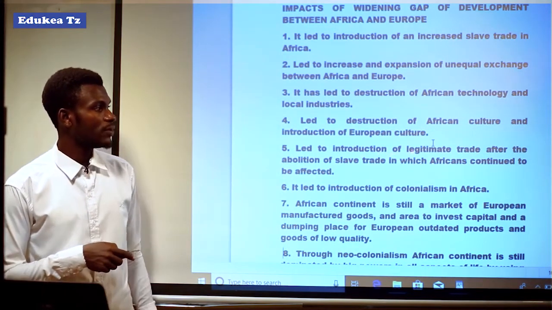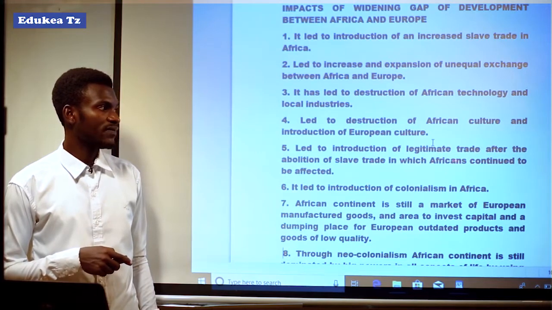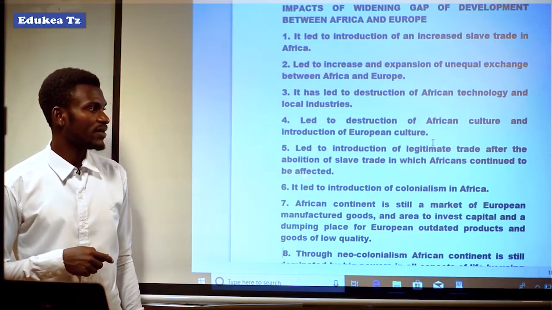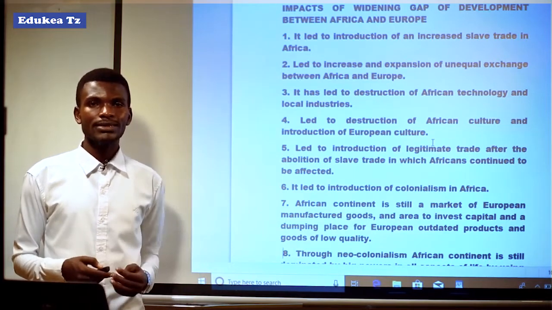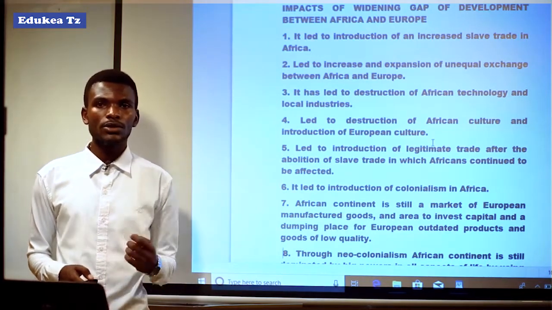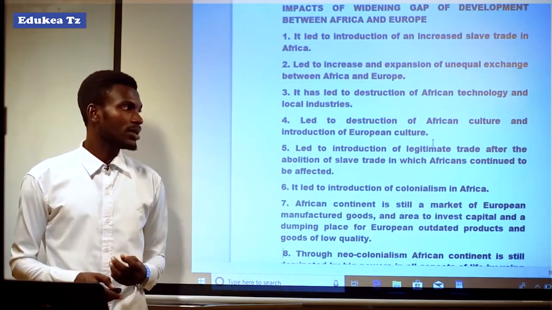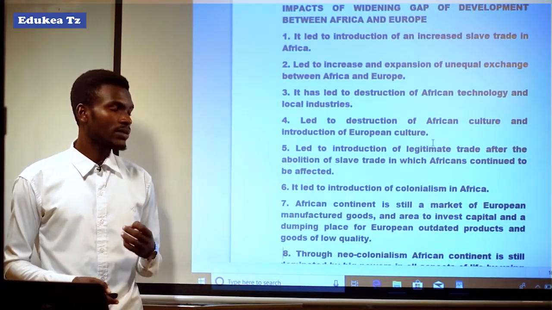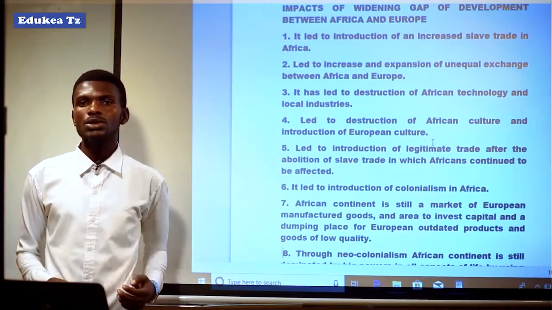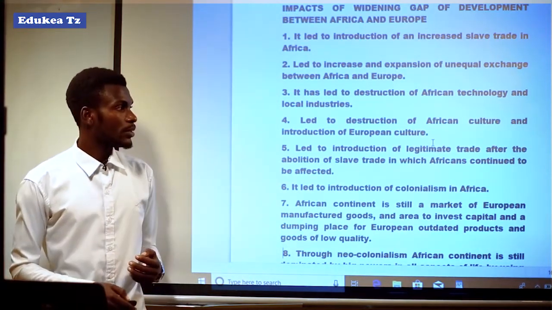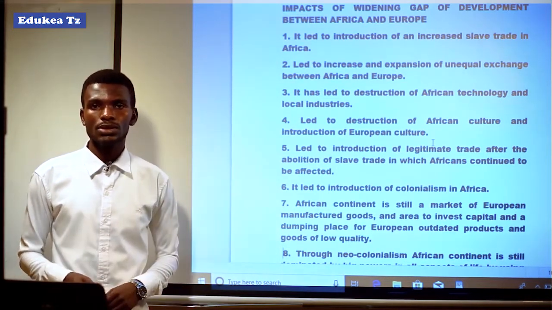But another is that it led to the introduction of legitimate trade after the abolition of the slave trade, in which Africans continued to be affected. It means that mercantilism, colonialism, and neocolonialism led to the introduction of legitimate trade after the abolition of slave trade, in which Africans continued to be affected by the legitimate trade which was introduced.